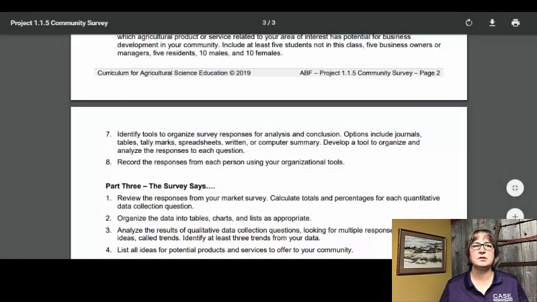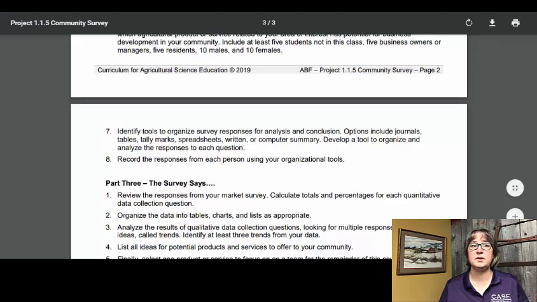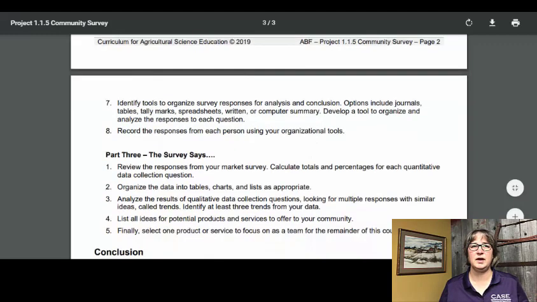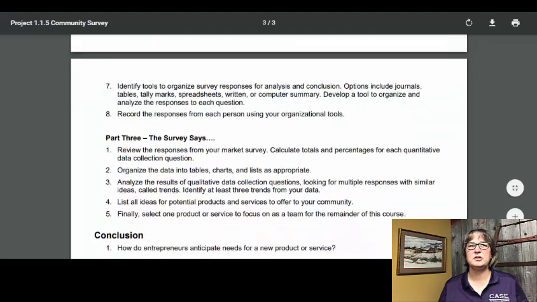Some teams of students will find that their market survey data shows a clear need and market for a product or service. That's great if students are able to determine this information after analyzing the data from the market survey. But teams of students may also find that they simply don't have the information they need to make an informed selection of one product or service, and that's okay too.